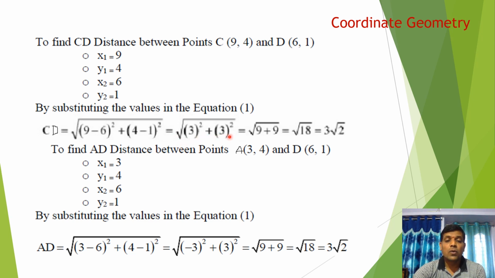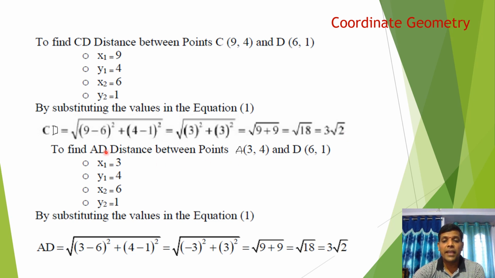Next step, root over 3 squared means 9 plus 3 squared means 9, so root over 9 plus 9. Now next step, root over 9 plus 9 is equal to 18. This is written as root over 18. Root 18 is written as 3 root 2.